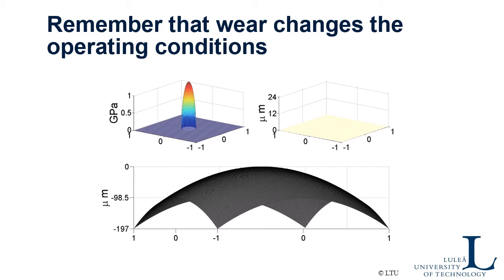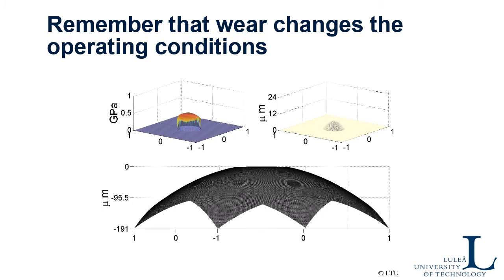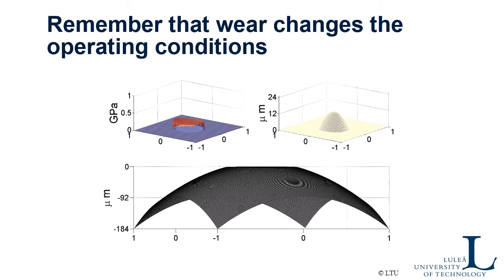Very soon, in this simulation starting with a Hertz contact at a gigapascal level, the pressure goes down because of the wear of the sphere or of the disc that flattens the contact, and the pressure will then go down dramatically. It goes down to, say, 0.1 gigapascal instead of 1 gigapascal. So originally, when you say that you run your experiment at 1 gigapascal, you actually run your experiment at 0.1 gigapascal. So it's important to remember that when you compare it to the real application.